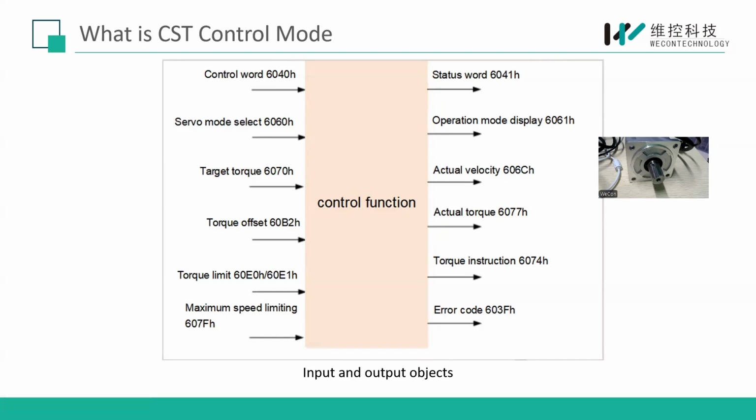Usually we need to set the speed limit in torque control to avoid danger, because if our torque is always bigger than the load torque, the motor axis will continue to speed up and speed up. If we have no speed limit, it will be dangerous. And for output, for example, actual velocity, actual torque, and so on.